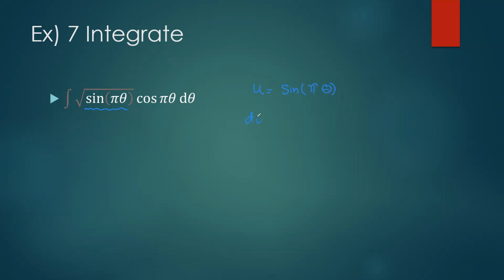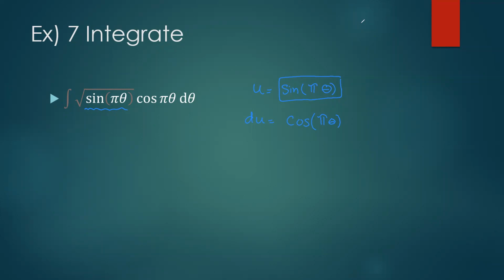And then du. So how do you take the derivative of this? You have to apply the chain rule, right? So first off, what is the derivative of sin? It is cosine, and then leave the inside alone. Then you apply the chain rule by taking the derivative of the inside. So what is the derivative of pi theta? That's a bit tricky.